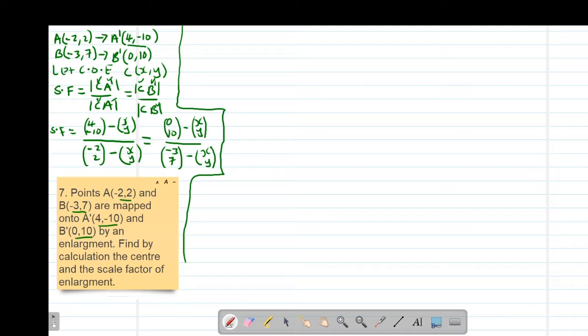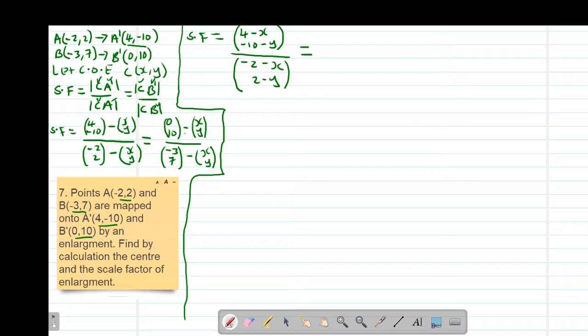Therefore, if I simplify this equation, the scale factor should be equal to 4 minus x, then -10 minus y, put under a column vector, divided by -2 minus x, then 2 minus y, also under a column vector.